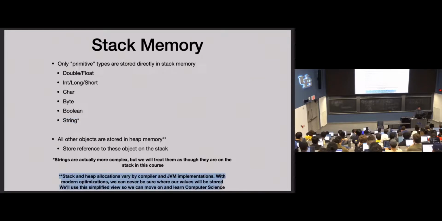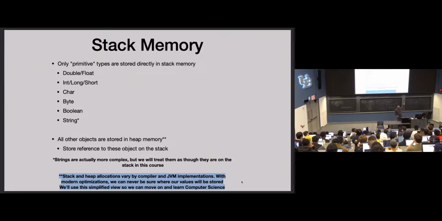And my other disclaimer: certain versions of certain compilers, certain versions of JVMs, they may or may not, for all I know, might not even need this disclaimer, but they do have the option to put things in different places. Something that's supposed to go on the heap, they might throw on the stack. Something that's supposed to go on the stack, they might throw on the heap.